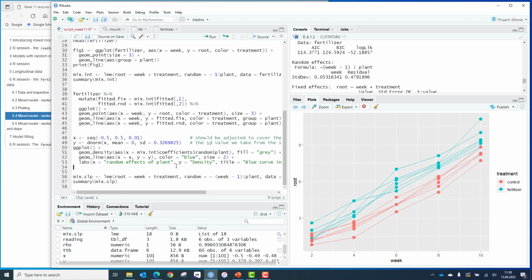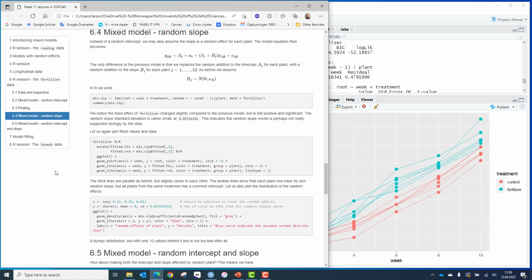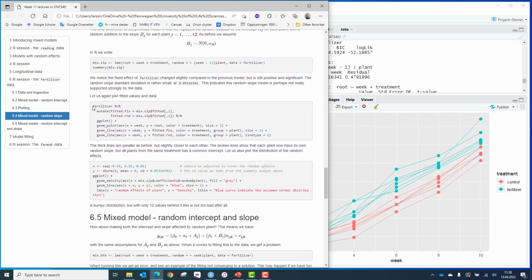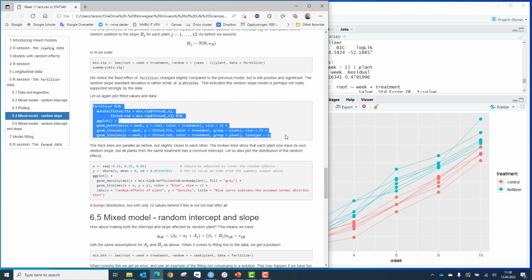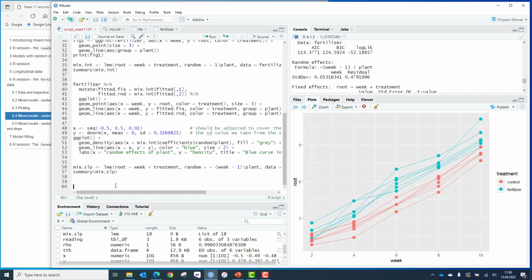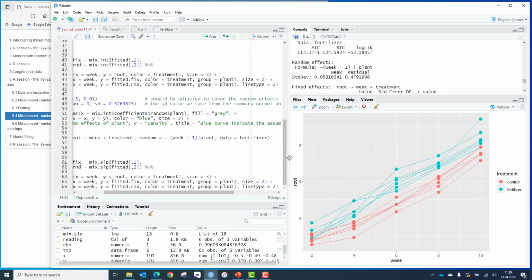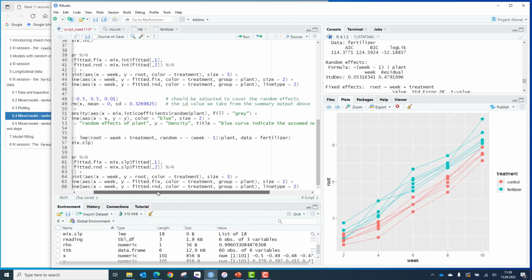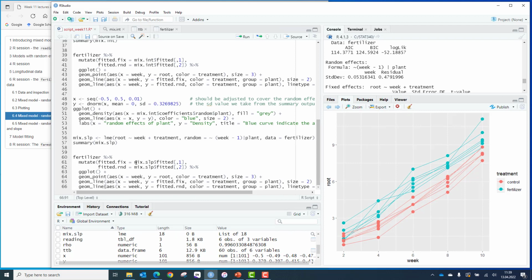This should be small. We can again make the same plots as we did from the previous model. It's just more or less copying the same code and replacing the name of the model object, right? Instead of mix int, it's now mixed slup.